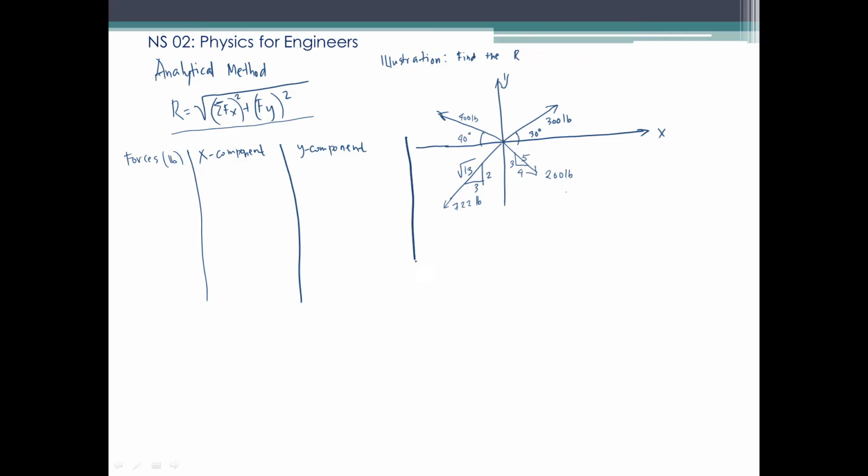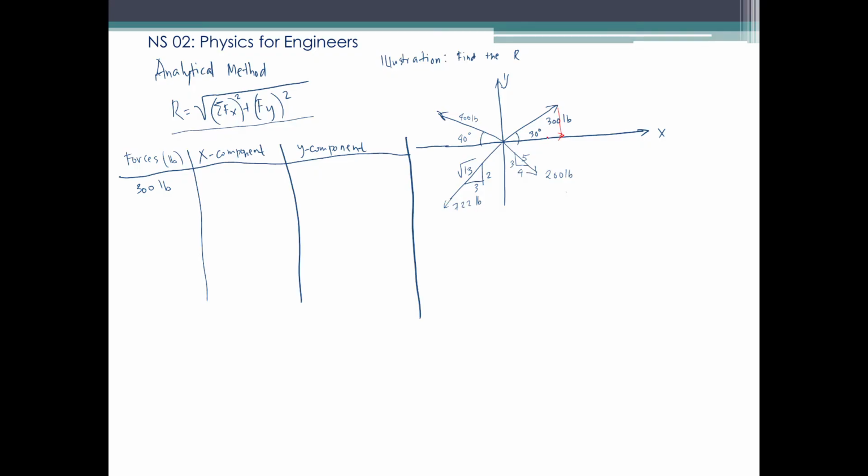Okay. First, for the 300-pound force, the x component of the 300-pound force. Let us try to solve. This is our 300-pound force.